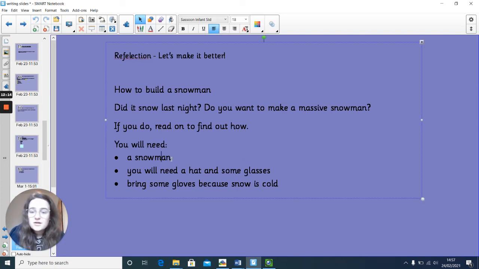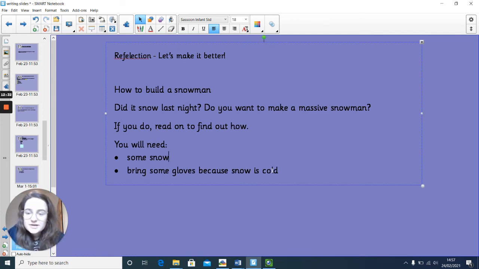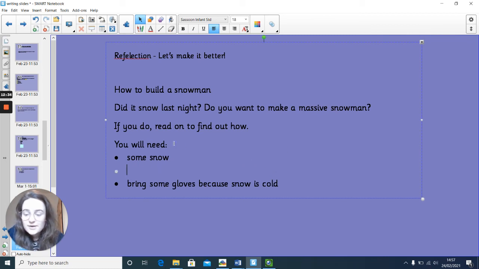You will need a snowman. Well, I don't agree with that one at all, because I'm not going to start off with a snowman if I'm making a snowman, but I will need some snow. So I'm going to change that one. To make a snowman, I need some snow. You will need a hat and some glasses. That one's not right either, because it says "you will need" at the top. So I will need a hat.